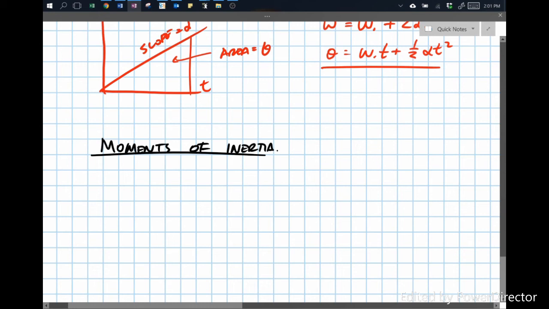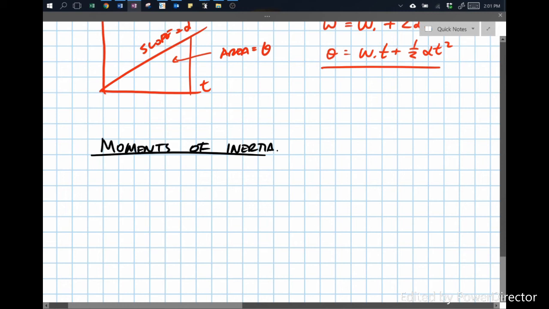For a single object with no dimensions, just a point mass, the moment of inertia is mr squared, where m is the mass and r is the distance from the object to the pivot point.